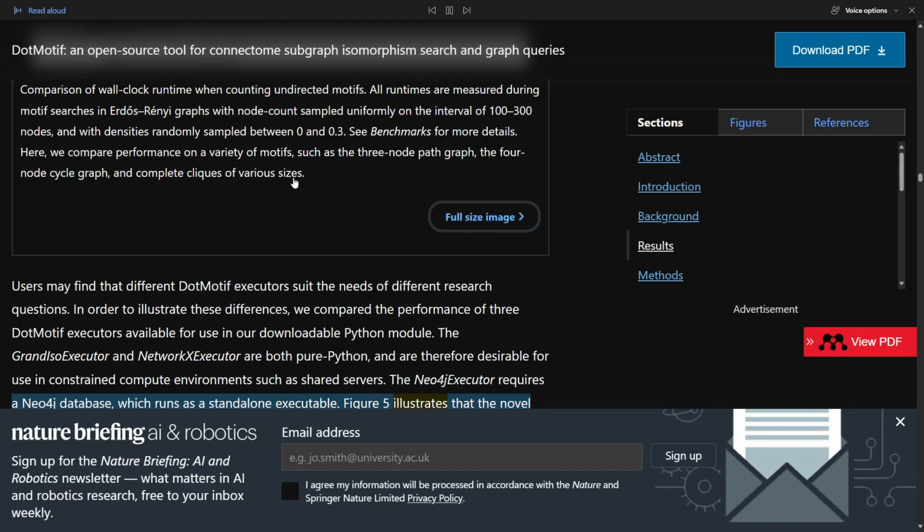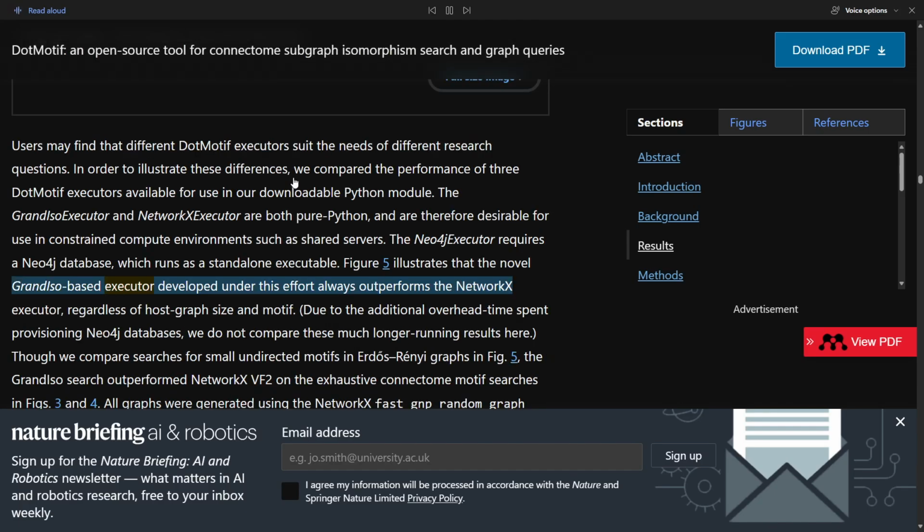Figure 5 illustrates that the novel Grand ISO-based executor developed under this effort always outperforms the NetworkX executor, regardless of host graph size and motif. Due to the additional overhead time spent provisioning Neo4j databases, we do not compare these much longer-running results here. Though we compare searches for small, undirected motifs in Erdos-Renyi graphs in Figure 5, the Grand ISO search outperformed NetworkX VF2 on the exhaustive connectome motif searches in Figures 3 and 4.